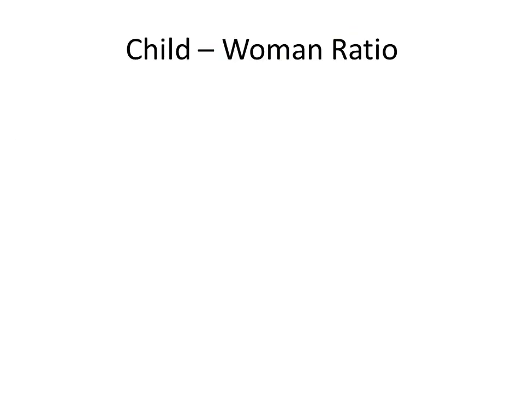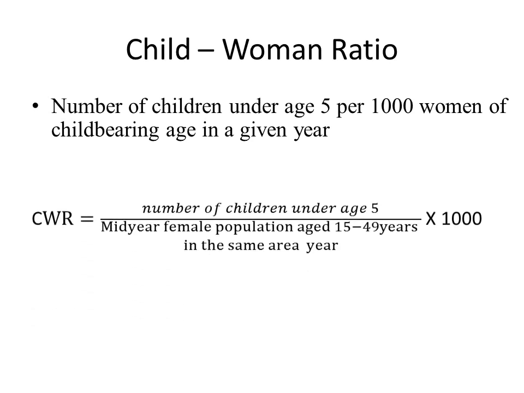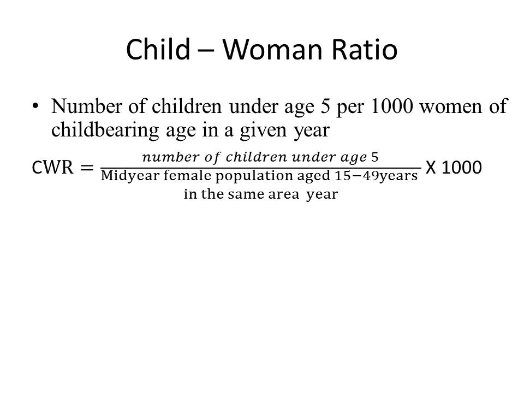Child-woman ratio is defined as the number of under 5 children per 1000 women of childbearing age group in a given year. So it is calculated by dividing the number of children under age 5 by the mid-year female population in the reproductive age group for that year, into 1000.